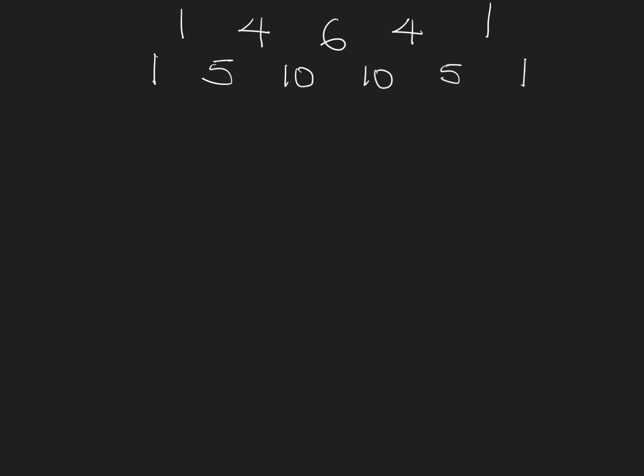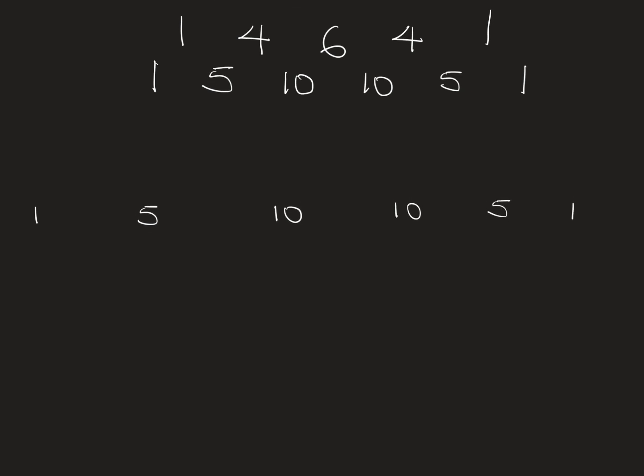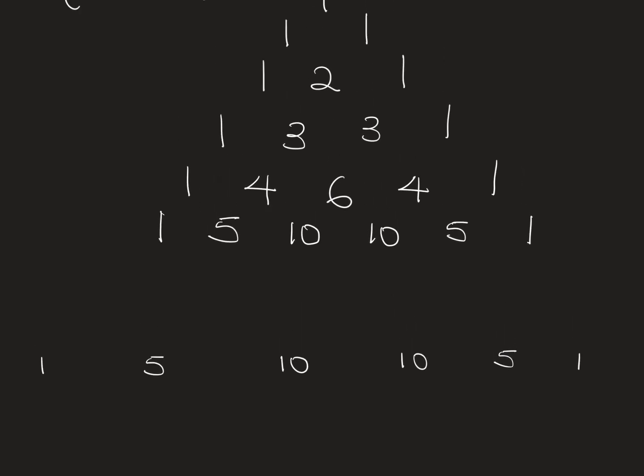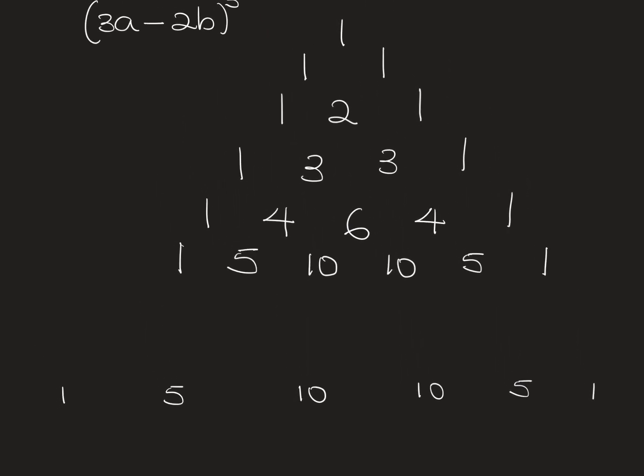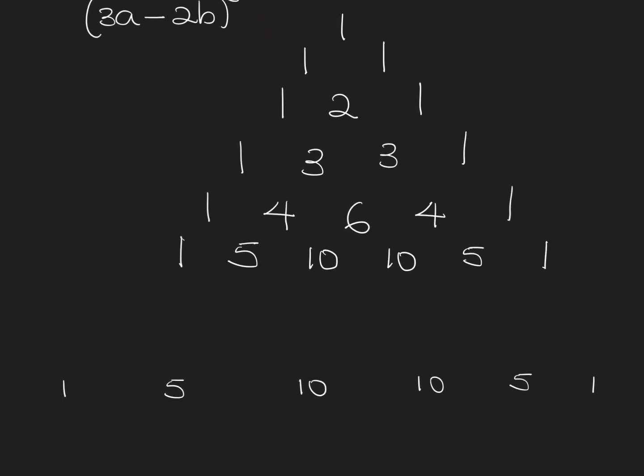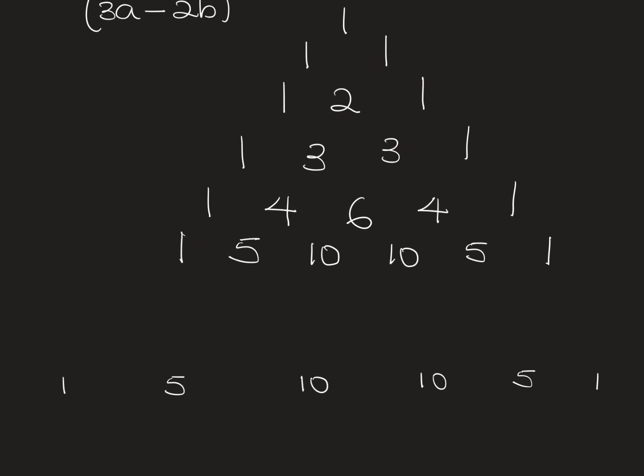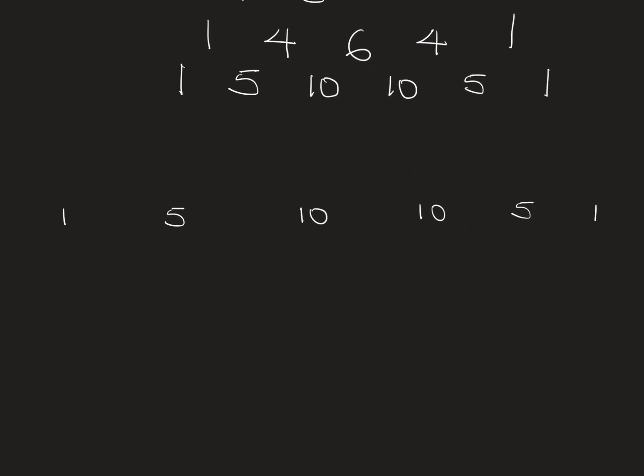So using the coefficients 1, 5, 10, 10, 5, 1, we're going to multiply these with the binomials that we have. We have 3a and minus 2b.